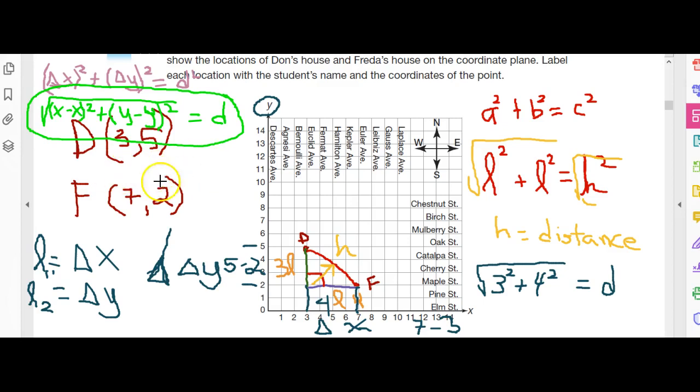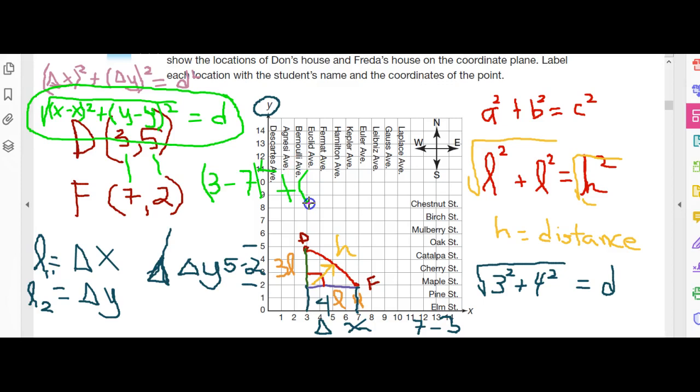So how did that work right here? Well, we would subtract the x's. So here are my x's, 1 and 2. I would say, okay, I'm going to go 3 minus 7. There's one leg, 3 minus 7, delta x, or x minus x, plus the y's, which are right here, 5 minus 2.